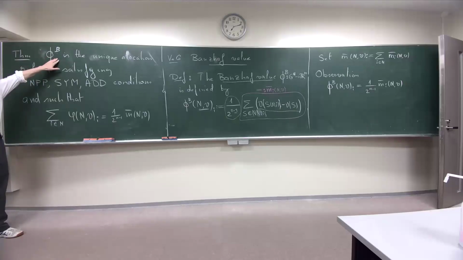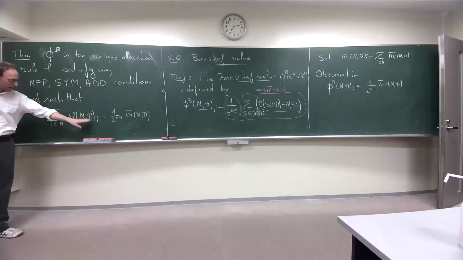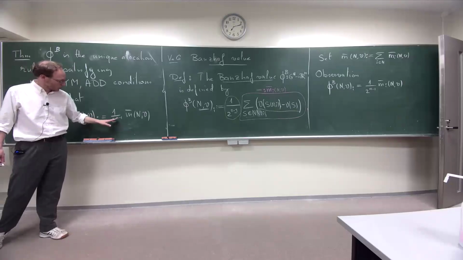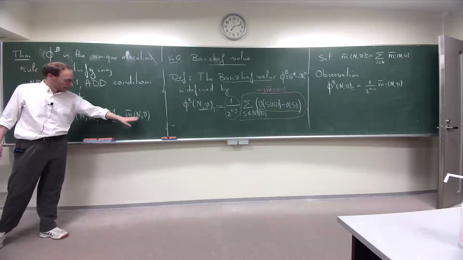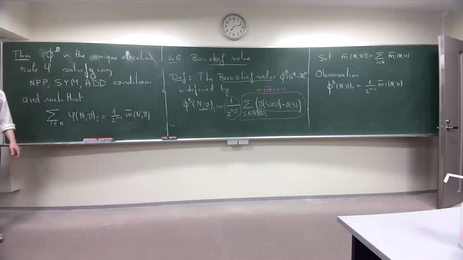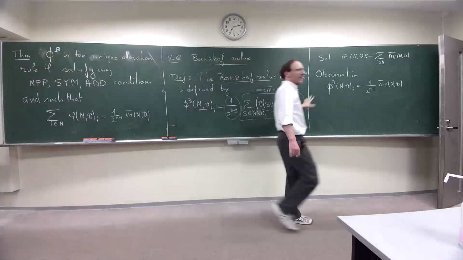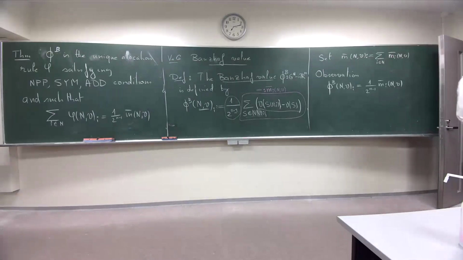The Banzhaf value satisfies that when you add the contributions, you get 1 over 2 to the n minus 1 times this value I just introduced.